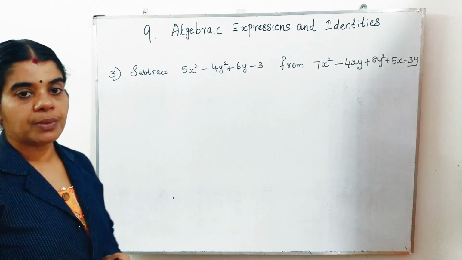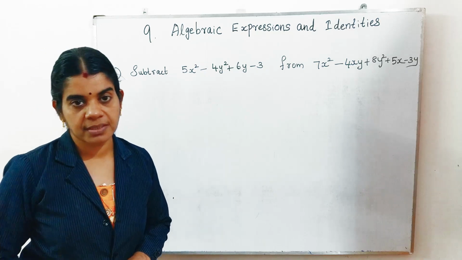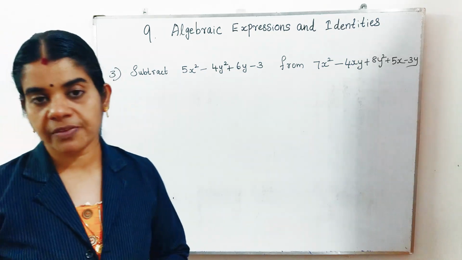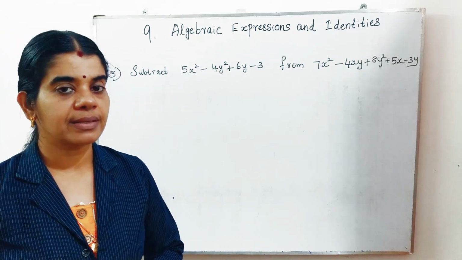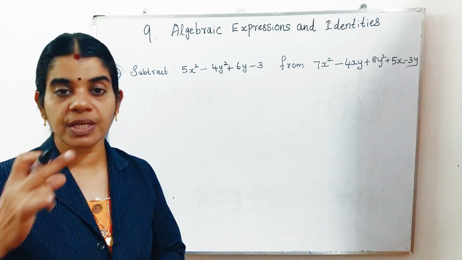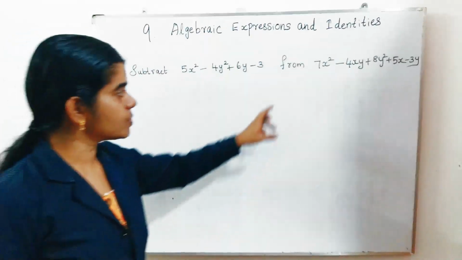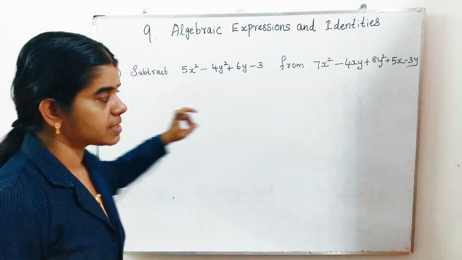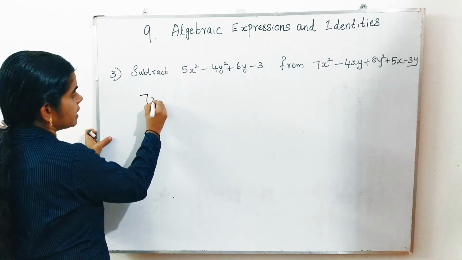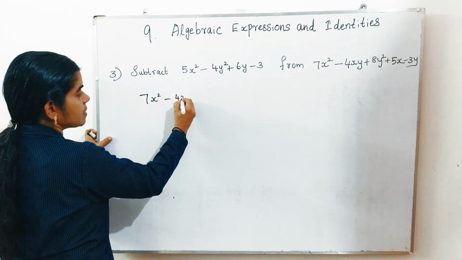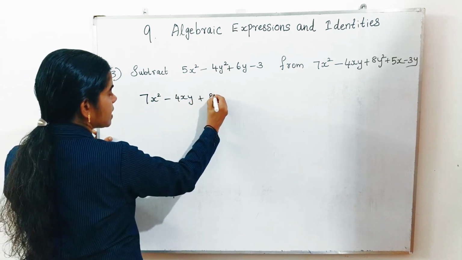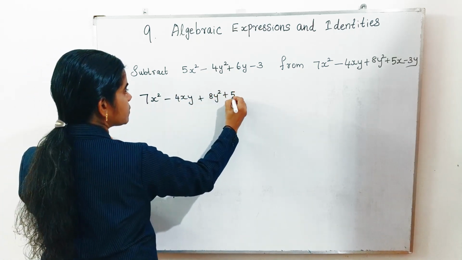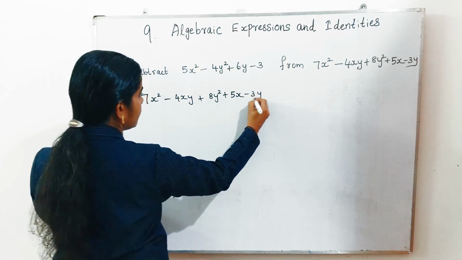From numbers you already know, subtract 5 from 7: then which number do you write first? From 7 means 7 you write first. Here also the from number we will write first. What is the from number? 7x square minus 4xy plus 8y square plus 5x minus 3y.